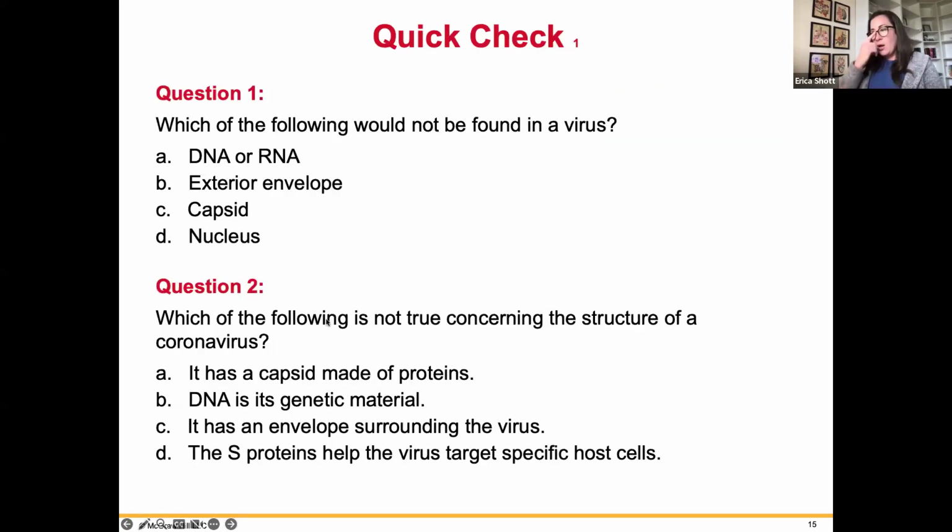I'm so sorry. I made an error in reading. DNA is its genetic material. This is incorrect. So remember that coronaviruses are RNA-based viruses. I read this incorrectly, but there we go.